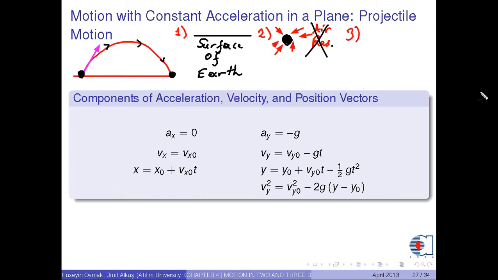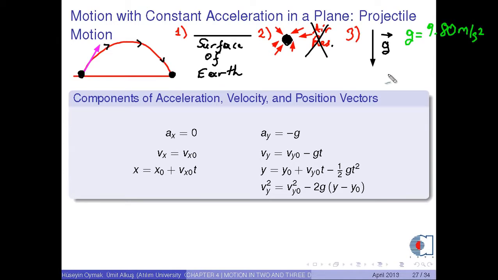And most importantly, 3. The projectile motion is assumed to be subject only to gravitational force, which results in a constant downward freefall acceleration of magnitude g equals 9.8 meters per second squared. With constant freefall acceleration, we mean that we neglect the variation of g with altitude, which is reasonable if projectile motion takes place near the surface of the Earth.